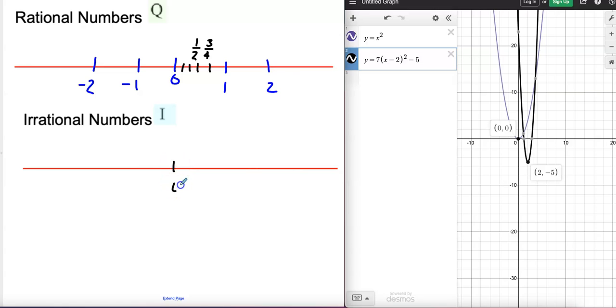Okay, so we have 0, let's say -1 and -2, and we have 1, and we also have 2 here. So then, of course, you got your little half numbers here. But what about numbers that I can't write as a fraction? You know, and these are numbers where the decimal number doesn't repeat.